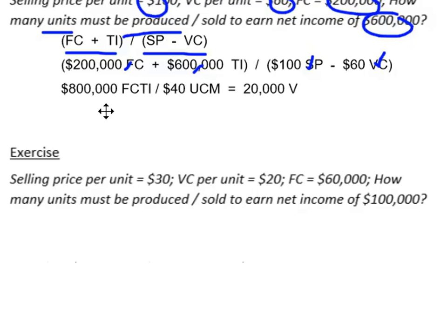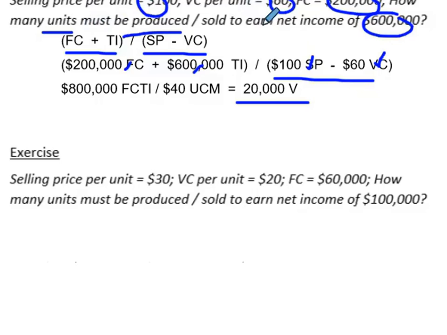So ultimately we're going to have $800,000 of fixed cost and target net income, and we're going to divide it by our unit contribution margin of $40 a unit. When we do the calculation, that means we have to produce and sell 20,000 units in order to reach our target. So that's our calculation for that problem.